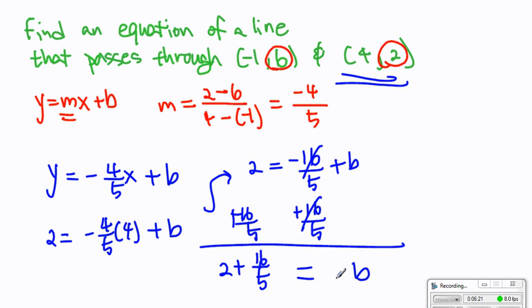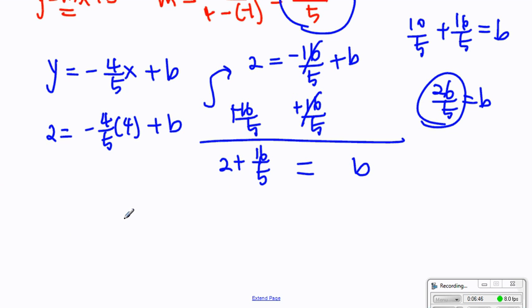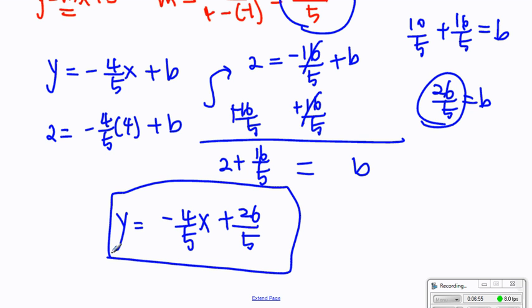Now, that would be equal to b, but 2 becomes in fact 10/5, so we end up getting 10/5 plus 16/5 equals b, where we end up getting 26/5 as the b value. Then what is our final answer? Since this is the slope and this is our y-intercept, we end up getting y equals negative 4/5 x plus 26/5. That is our final answer.